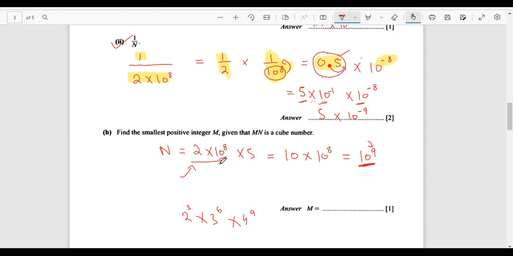I need to multiply it with a number such that this becomes a cubic number. I know that 10 power 9 would be a cubic number. In order to make this 10 power 9, I have multiplied it by 5. 5 multiplied by 2 would give you 10, and 10 multiplied by 10 power 8 would give you 10 power 9. So the number is going to be 5. Yes, please tell me if you were able to understand this.